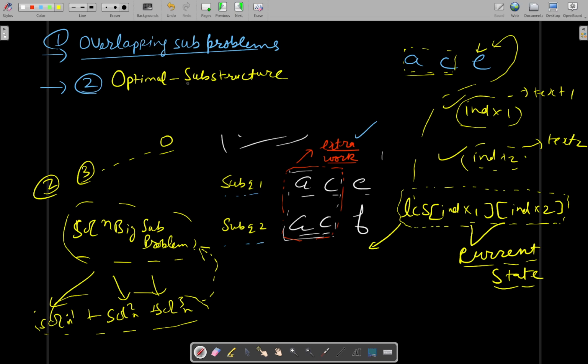So whenever these two properties are satisfied by a problem, then an optimization technique, basically called dynamic programming, can be applied. Let me write again.